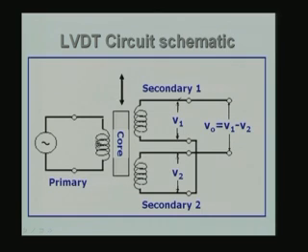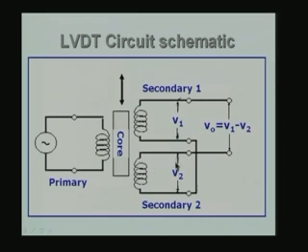This primary coil is energized using an AC, a high frequency AC, usually of several kilohertz. It gives rise to two voltages on the secondary coil, V1 for the coil up here and V2 for the coil down here.